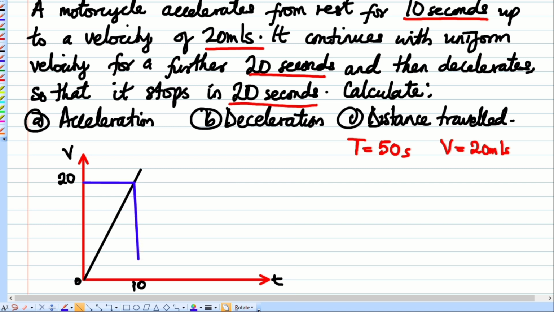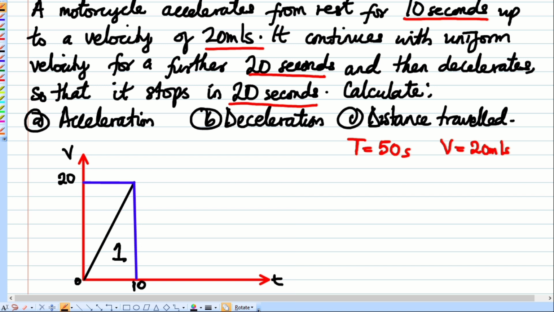The time is 10 seconds. So this is the first journey. Let's just erase the excess line. So this is what we have for the first journey. When the velocity was up to 20 meters per second, it took just 10 seconds to get to a velocity of 20 meters per second.